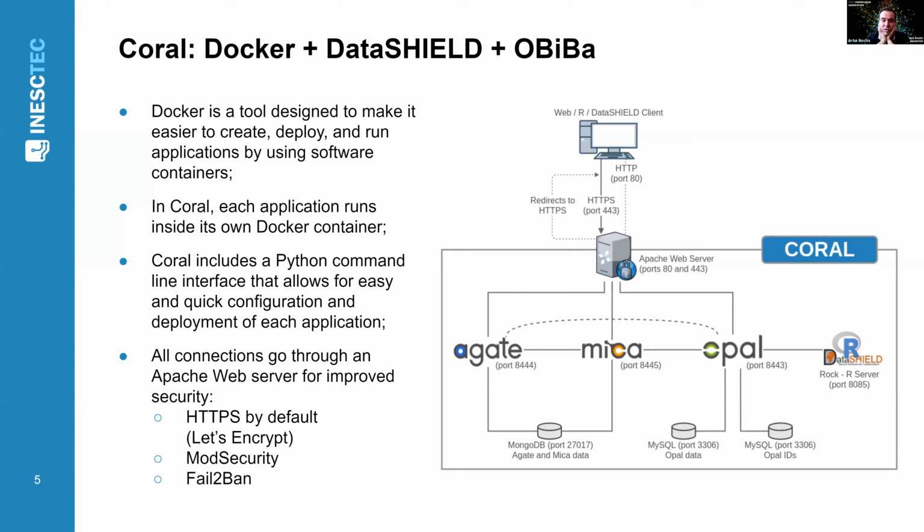Of course, it needs to be renewed, and it tries to do that automatically as well. Because security is so important, we included ModSecurity and Fail2ban. These are kind of two firewalls: ModSecurity addresses the top most common vulnerabilities, and Fail2ban bans brute force attacks. So this is what we have in this Coral development at the moment.